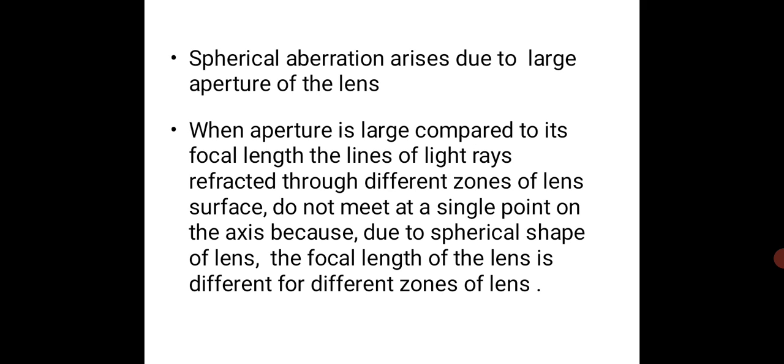It arises due to the large aperture of the lens. When the aperture is large compared to its focal length, the light rays refracted through different zones of the lens surface do not meet at a single point on the axis, because due to the spherical shape of the lens, the focal length is different for different zones of the lens.